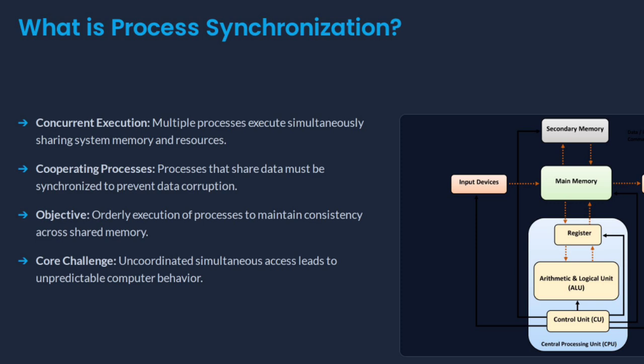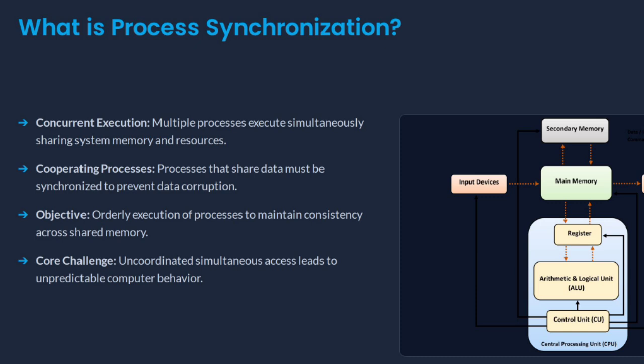So how do we define process synchronization? It is a mechanism to ensure the orderly execution of cooperating processes so that data consistency is maintained. Processes running in an operating system are of two types: independent and cooperative.